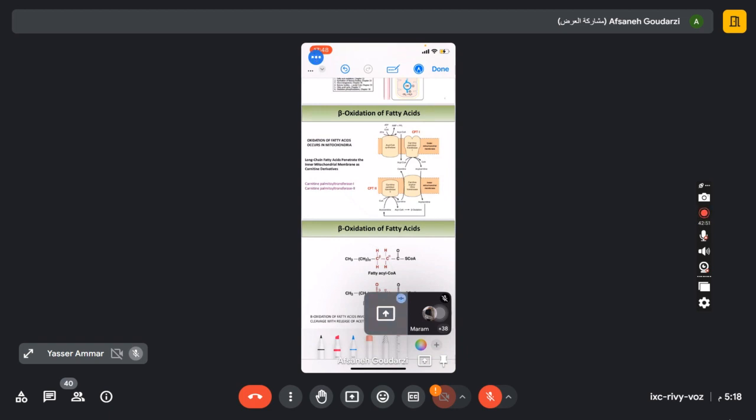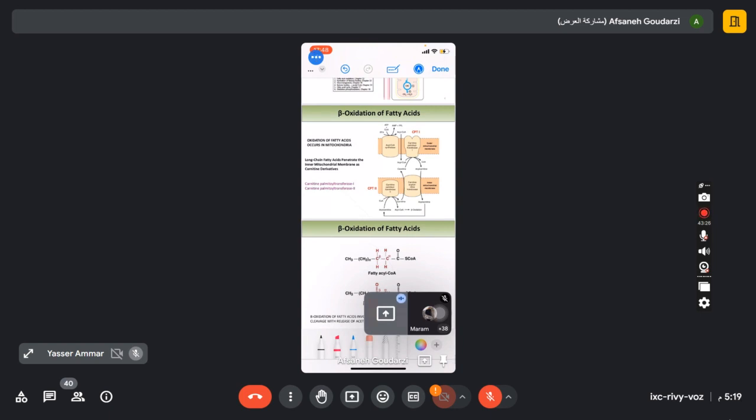If the fatty acid has a short length, it could pass through the inner membrane. But by increasing its length, it cannot pass through. For example, for the fatty acid with 16 carbon, it's impossible. Therefore, we need a system to pass the fatty acid through the inner membrane of the mitochondria into the matrix.